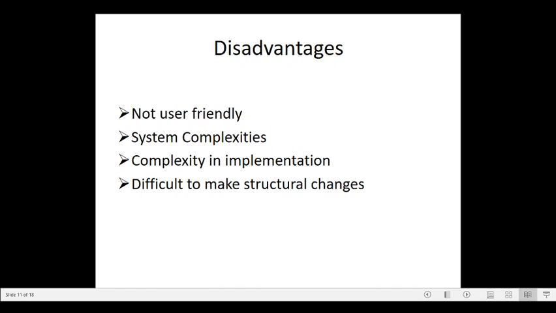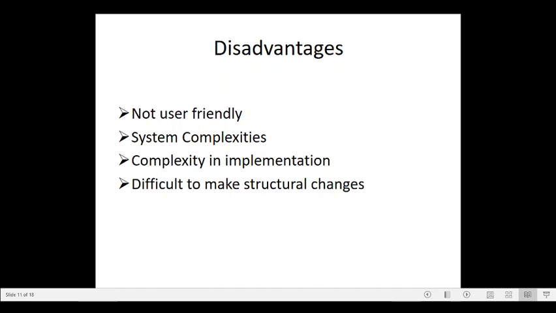So in spite of these advantages, it suffers from some drawbacks. The network model is not user friendly. Why is it not user friendly? Because designing the system requires highly skilled people, and the design is a highly skill-oriented system.